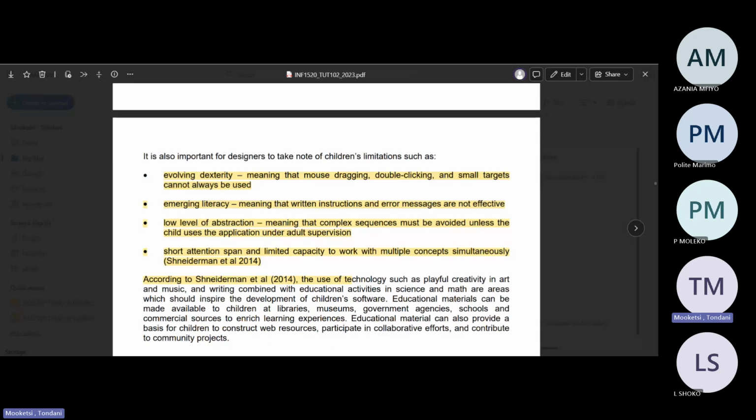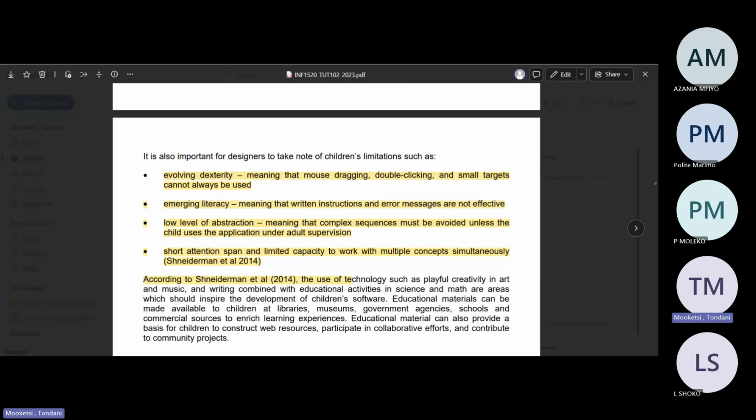So for designers, they need to take note of certain limitations when designing interfaces for children: evolving dexterity, meaning the mouse dragging, double clicking, cannot always be used. Imaging literacy, meaning that written instructions will not be effective for children because some of them are only still learning to read.